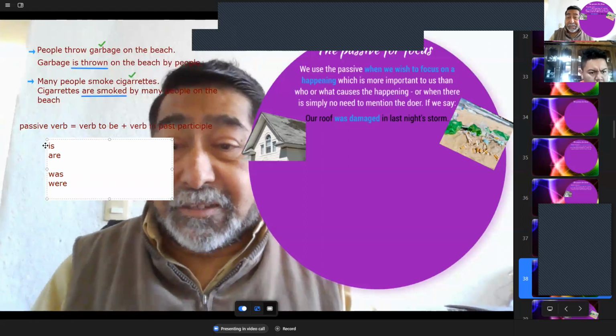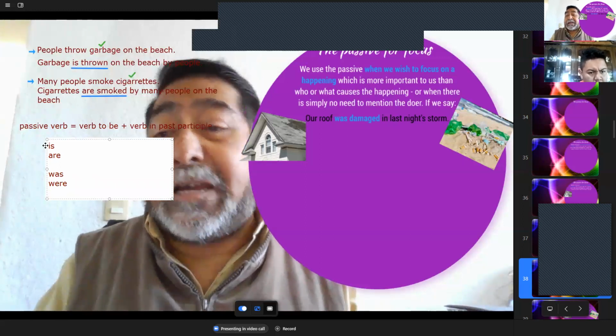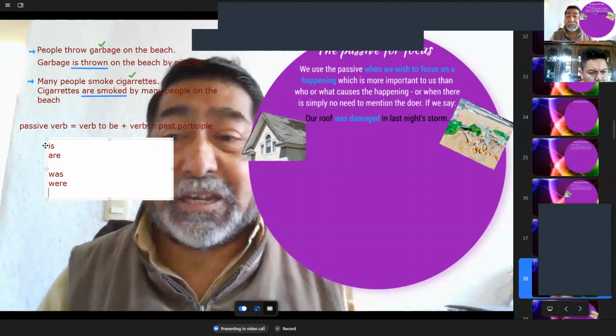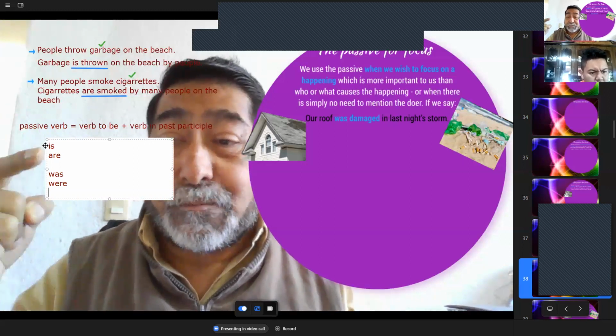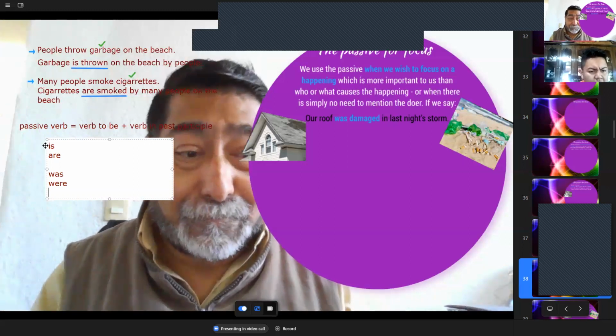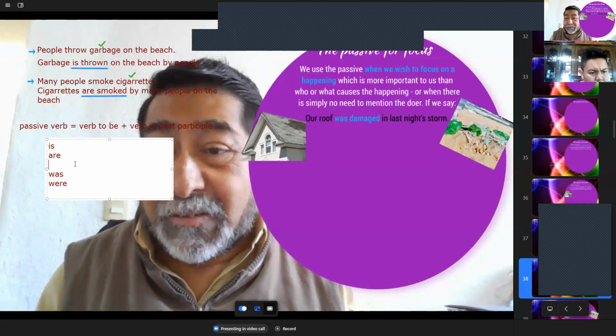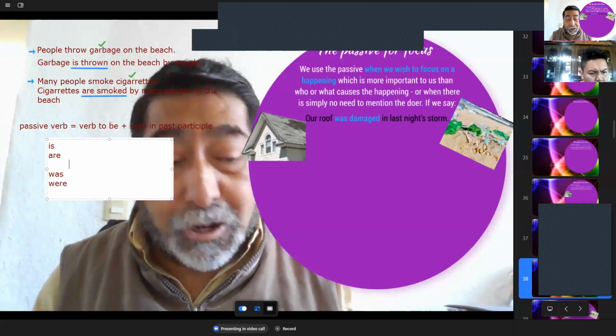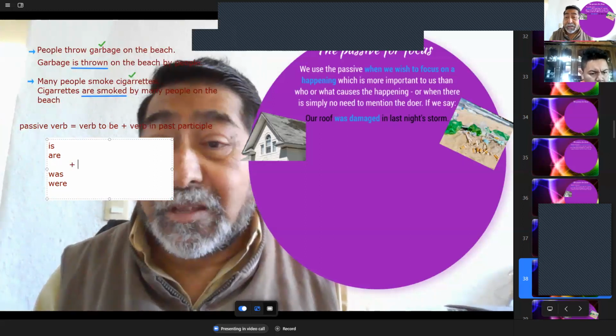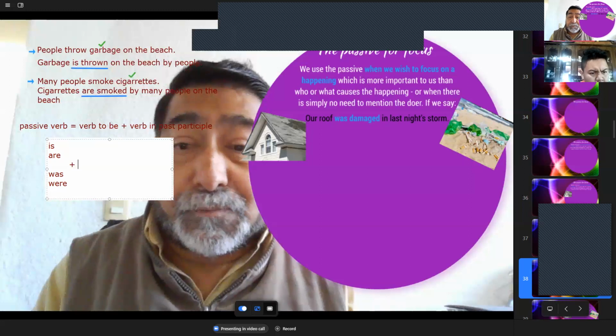In other tenses, you will see, but today we are going to focus on present and past. Then we have plus the verb in past participle.